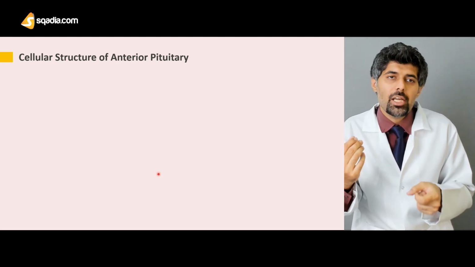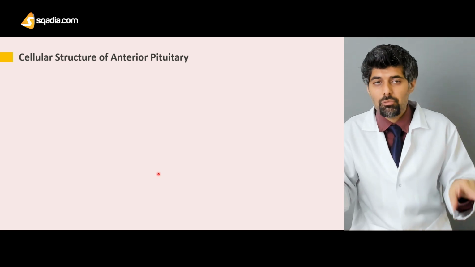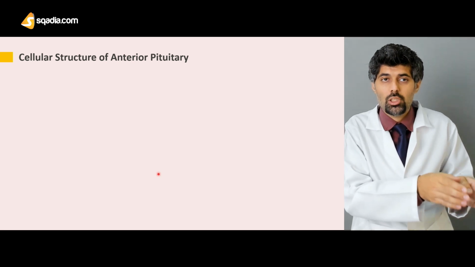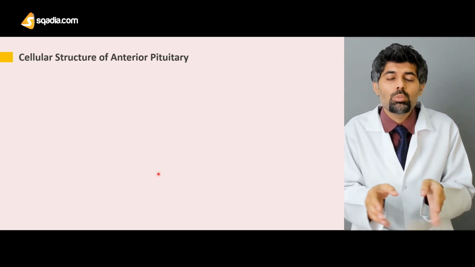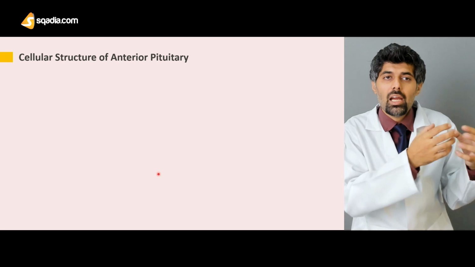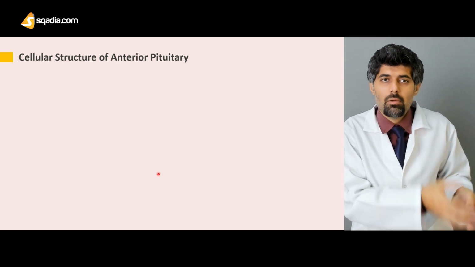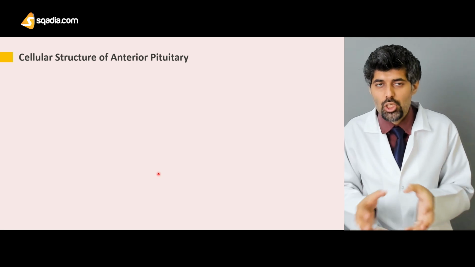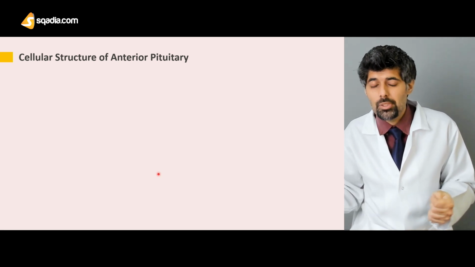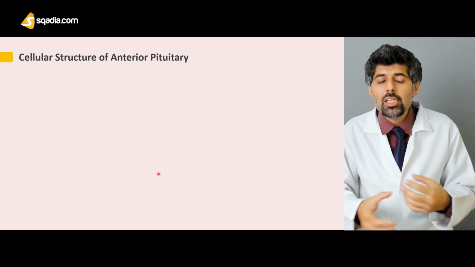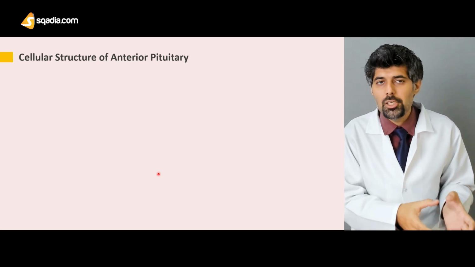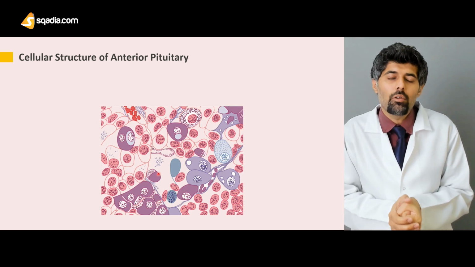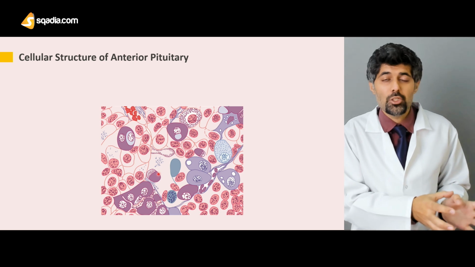So the epithelium of that area, when it forms an invagination during the embryological stages, forms what is known as the anterior lobe of the pituitary gland. And it is because of this invagination of the pharyngeal epithelium that we get epithelium like cells in the anterior pituitary.